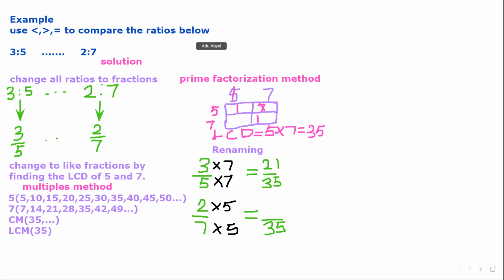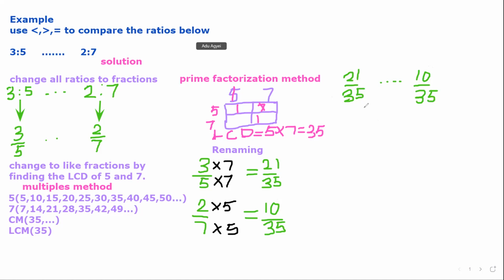Now we have 2 times 5 here will give you what? 10. Therefore, our new fractions have been what? 21 out of 35 against 10 out of 35.